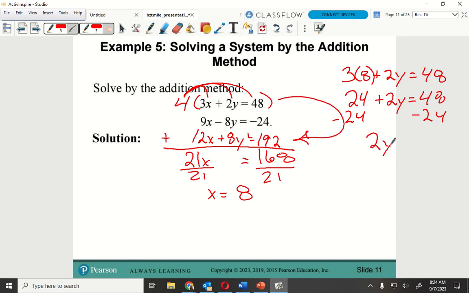So 2y is 48 minus 24. I get 24. Divide by 2. y is 12. Wait, 24 divided by 2. Yep. You got 12, right? Yeah. Okay, good.